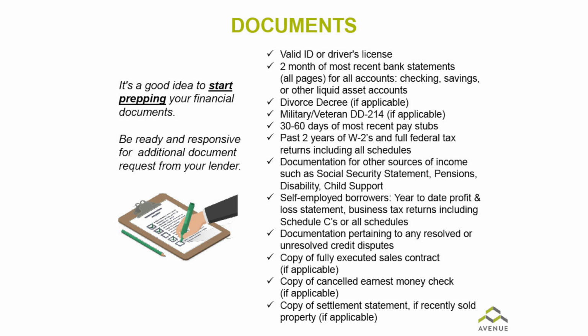Then for self-employed borrowers, you need a year-to-date profit and loss statement, a P&L, income statement, the income and balance sheet there, and your business tax returns, including Schedule Cs and all the other schedules. And if you have K1s that are in there, if not, then you can do that as well.